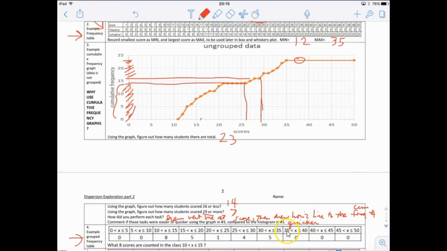And how did I do that? By making groups of 5. So for example, instead of going 1, 2, 3, 4, 5, 6, 7, and each one having its own column, I made separate columns for intervals of 5. So here, from 0 to 5, I have 0 people. From 5 to 10, I have 0 people. From 10 to 15, I have 8 people.